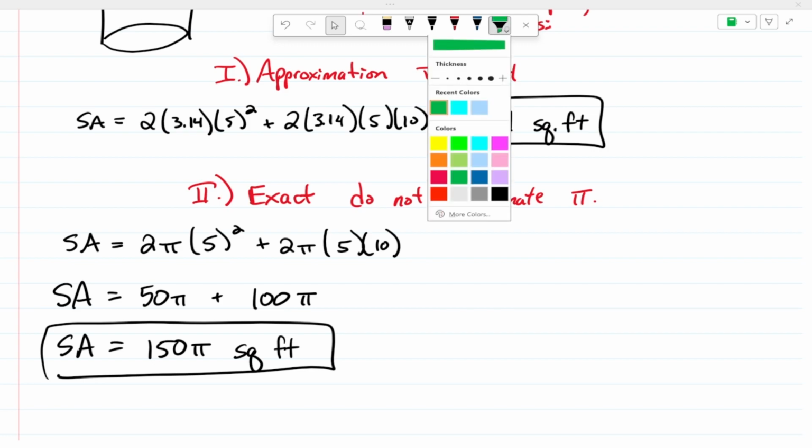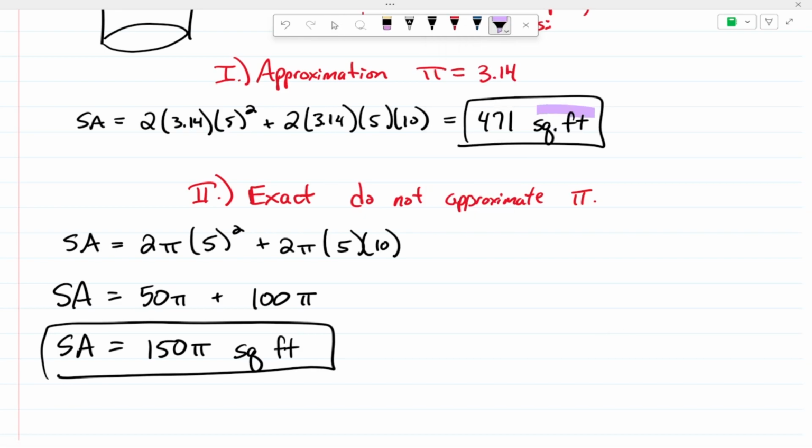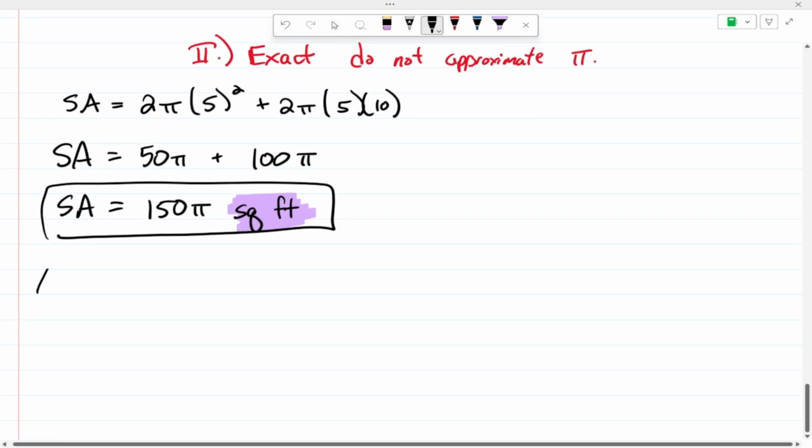The last thing that I would like to talk about is going to be the units. Notice the units are square feet. And this will be like the last big thing of the day. Well, last big thing of this part of this section. How about that?